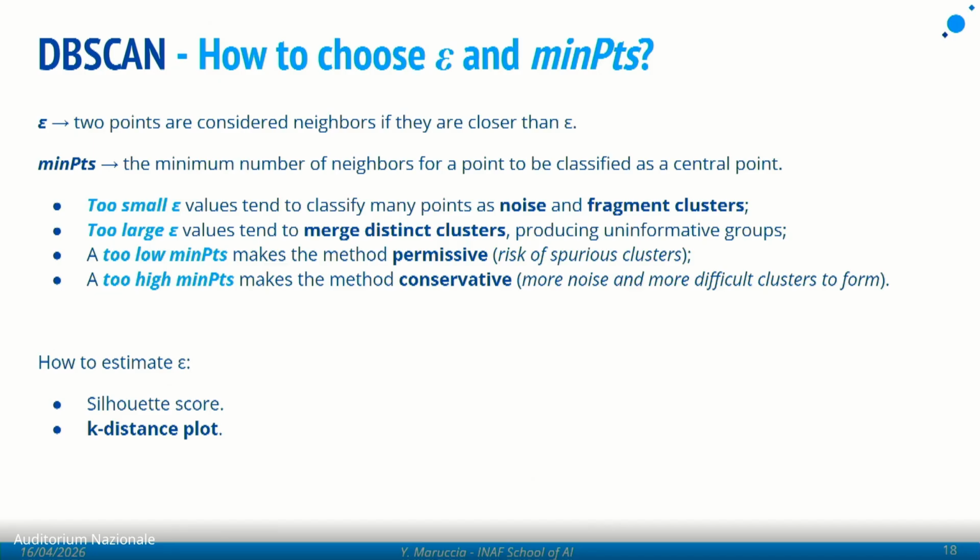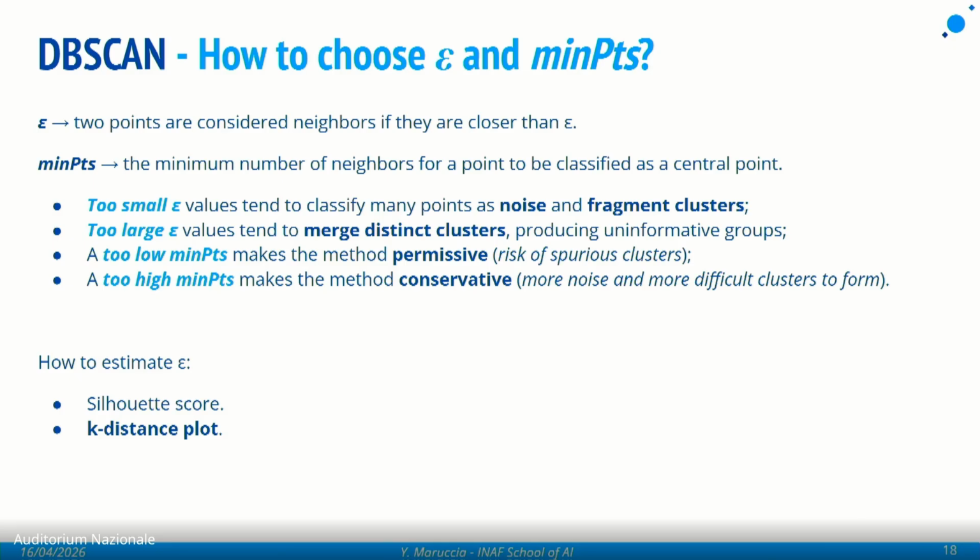If we choose too small an epsilon, we tend to classify many points as outliers, because the clusters we consider are too small, and so we are selecting a density too concentrated in some parts of the dataset.